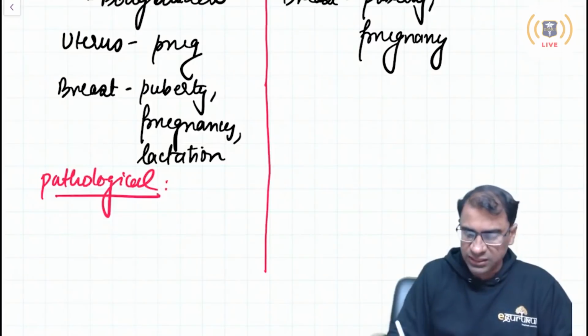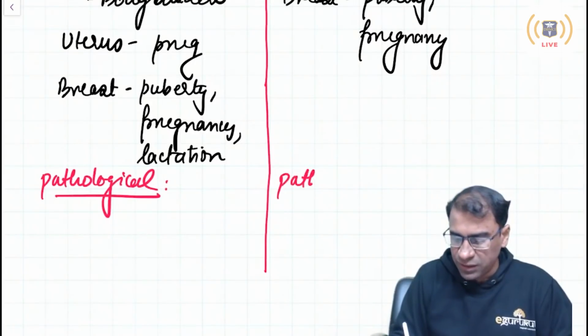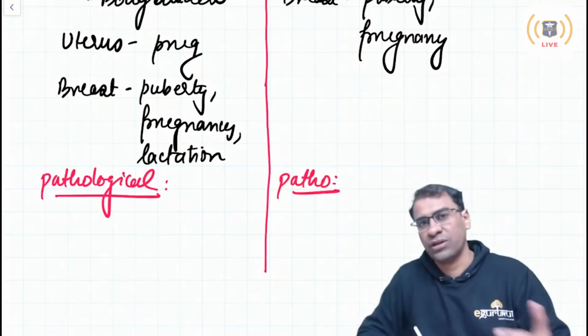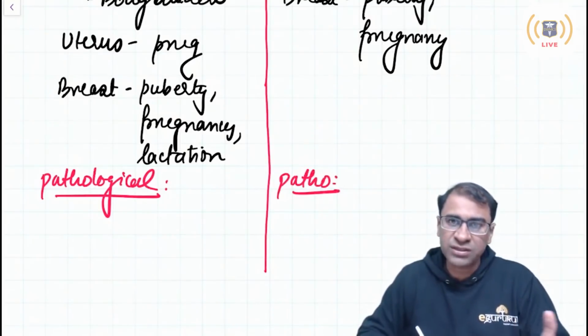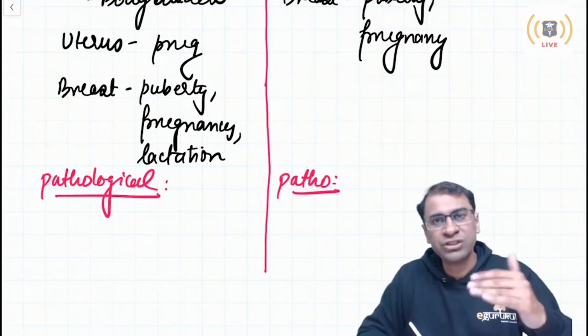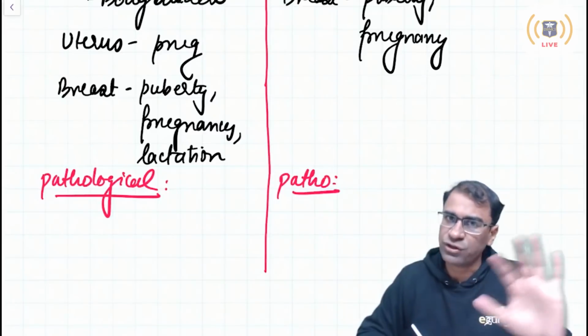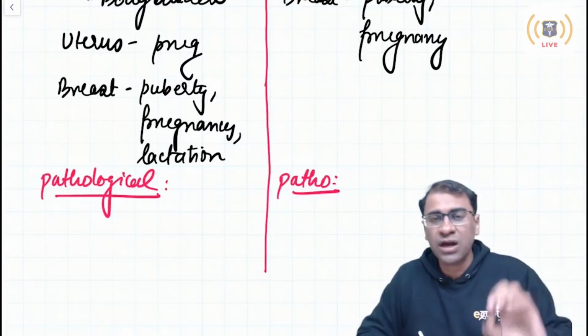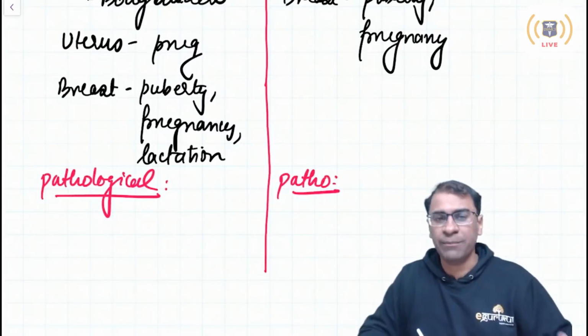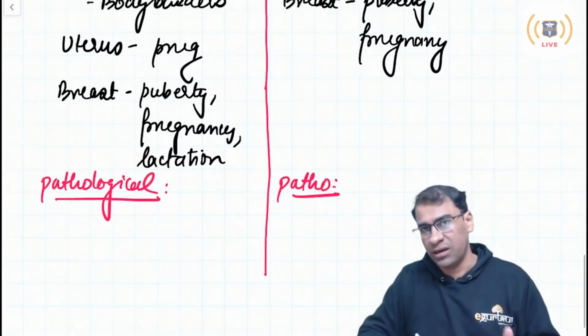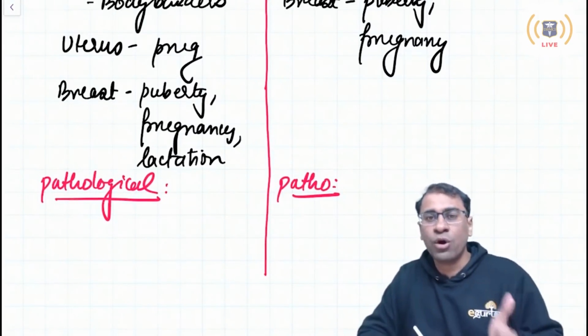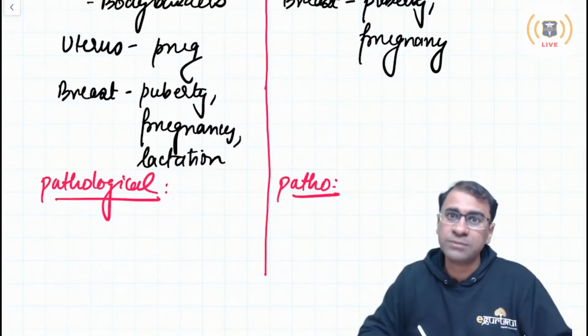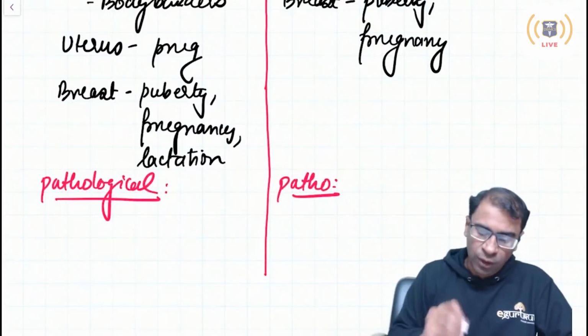First of all, you must understand the difference between physiological examples and pathological examples. Those things which are a part of the normal physiology of a cell are physiological examples. But something which occurs because of a wrongdoing, for example, suppose a cardiac muscle undergoes hypertrophy because of hypertension, becomes a pathological example.